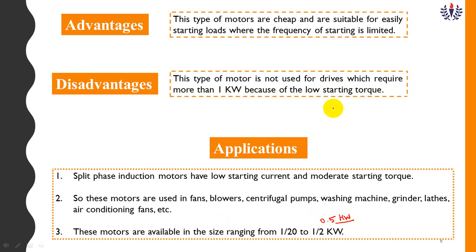The split phase induction motor: we are giving a single phase supply. It has two windings. One winding has a high diameter, and another winding is connected in parallel with a low diameter.